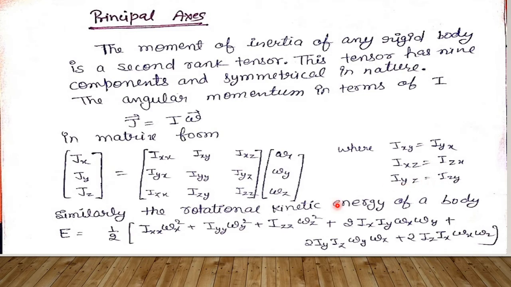Similarly, the rotational kinetic energy of the body is E equals half in brackets Ixx omega x square plus Iyy omega y square plus Izz omega z square plus 2Ixy omega x omega y plus 2Iyz omega y omega z plus 2Izx omega x omega z.